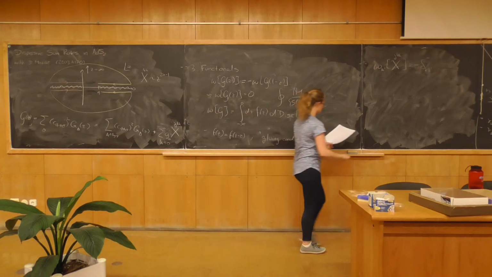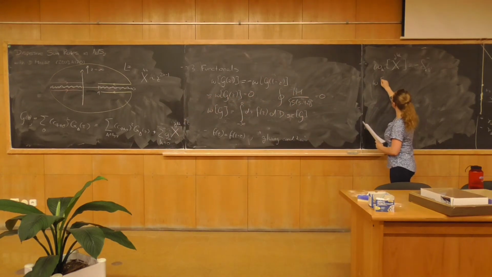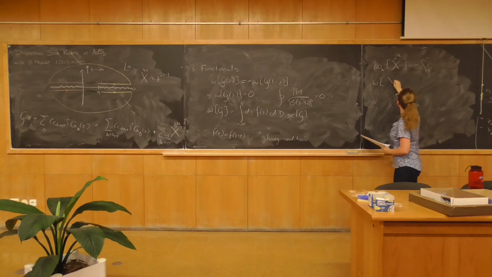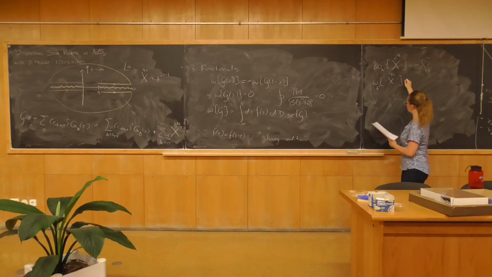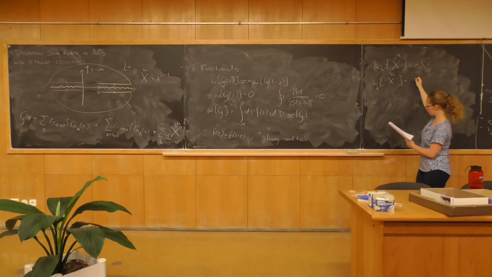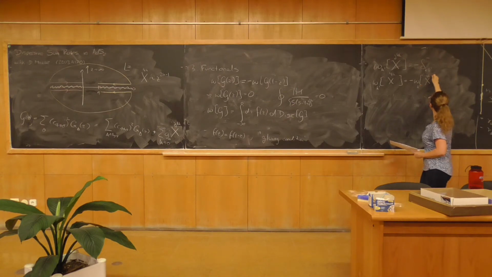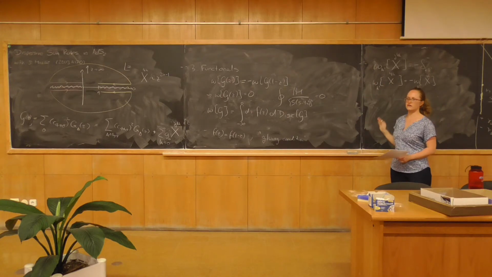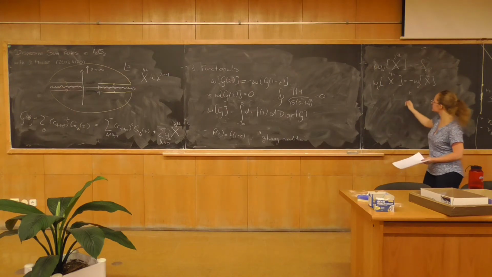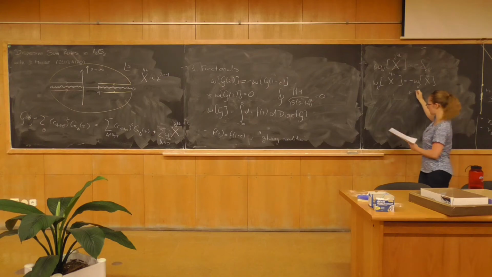So what do we find? We find omega acting on something with 4k derivatives is equal to, well, first, the negative of itself, plus, well, now we have an arc at infinity, so plus the residue that we have at infinity.